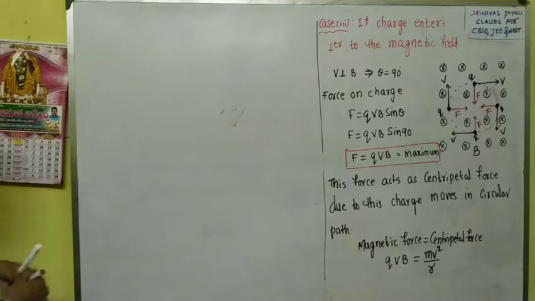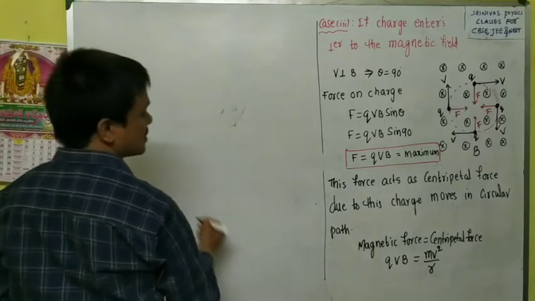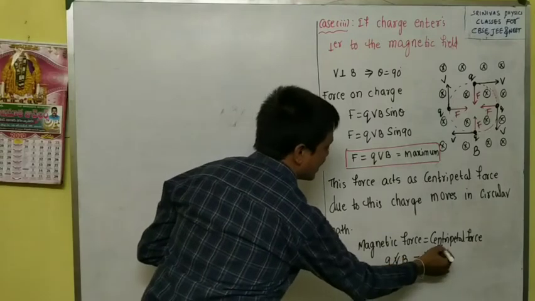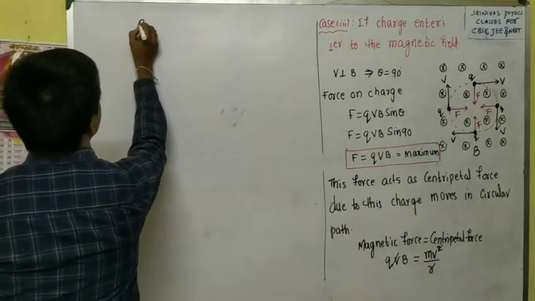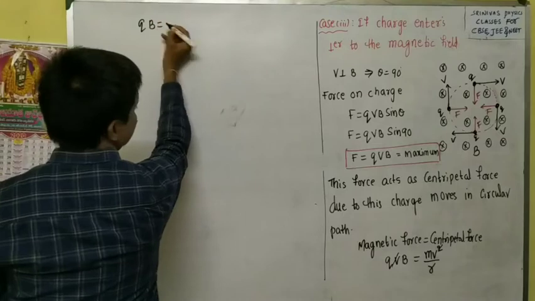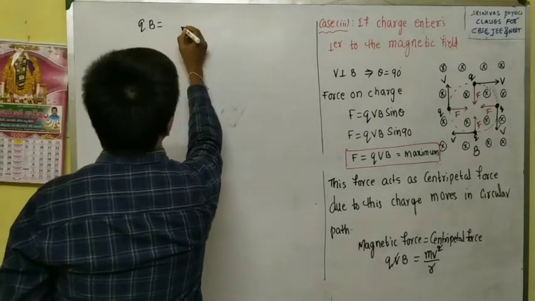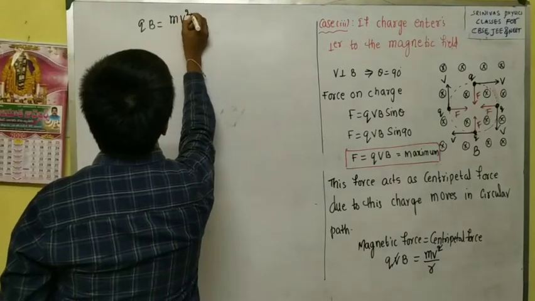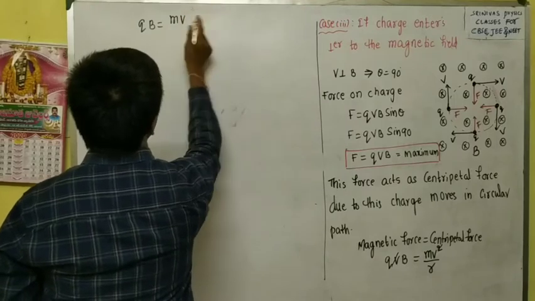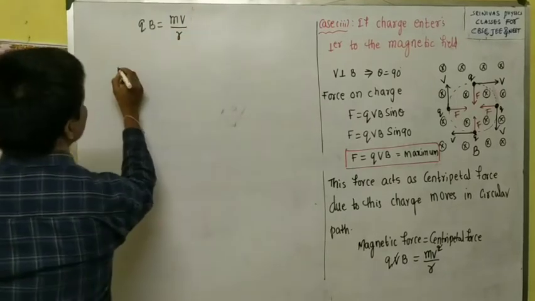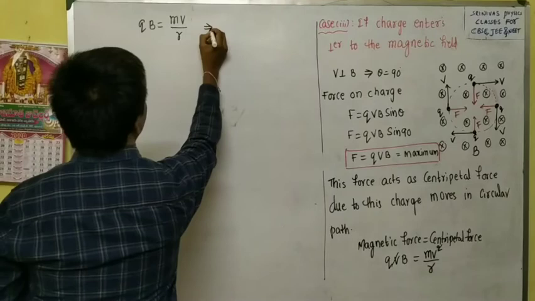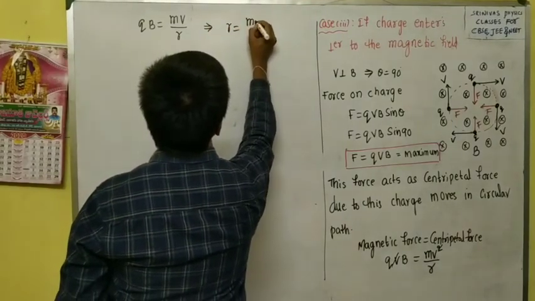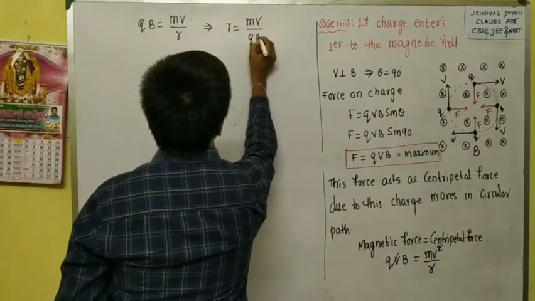Now let us see. We can simplify this. Here v and v square will cancel. Then the remaining step we will get is q into B is equal to mv square by r. One v will cancel here, so mv by r we will get. Then from this, r we will get as mv by qB, right?